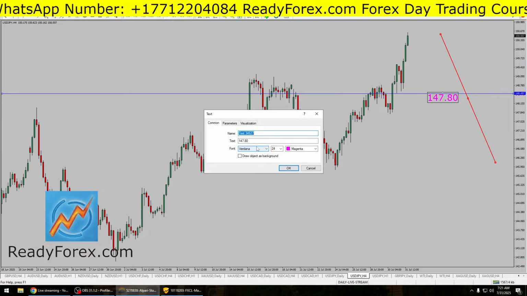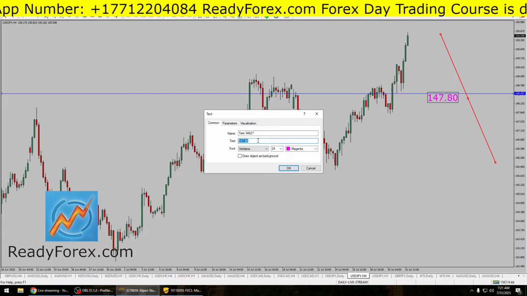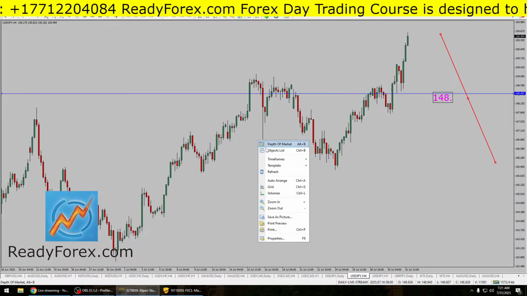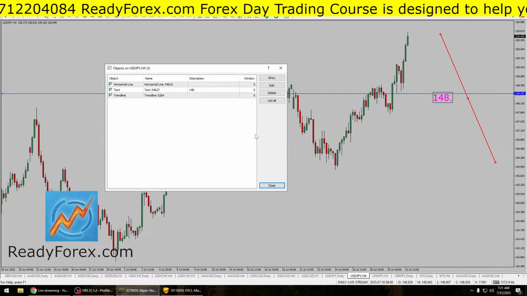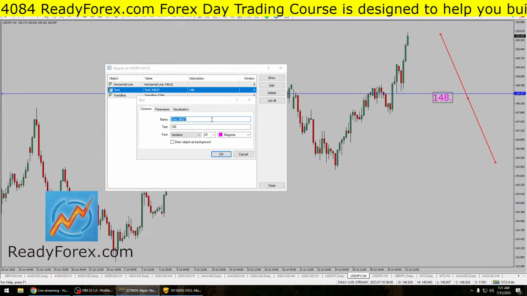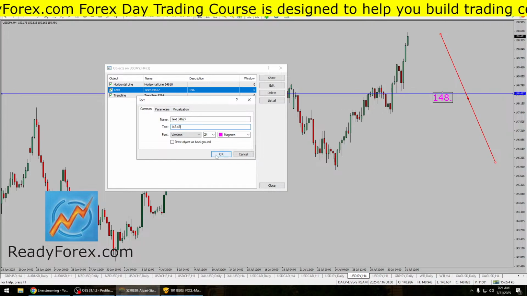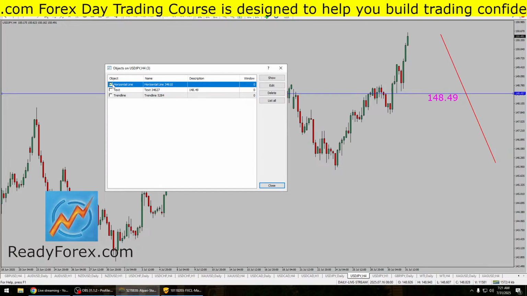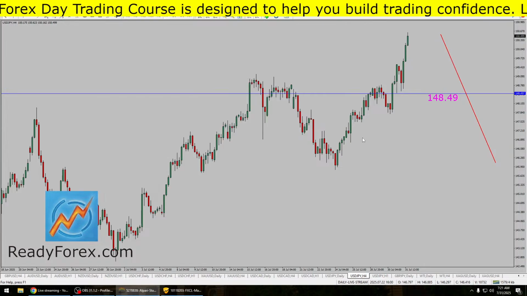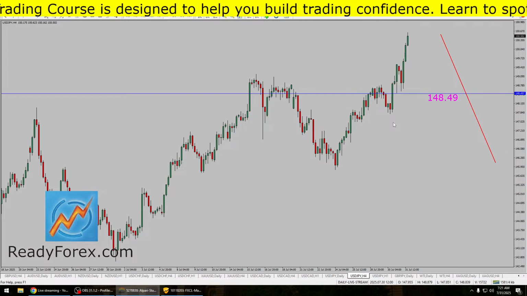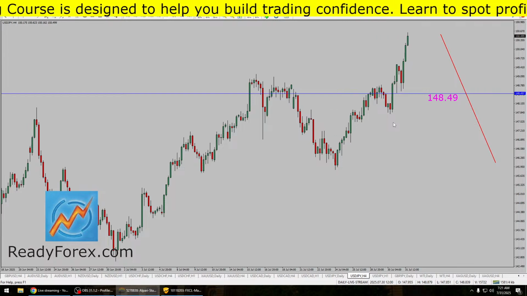Let me edit this thing, 148.49. Go back again, 148.49. So this is the level, and as long as price action is staying above the 148.49 level, it is an uptrend.